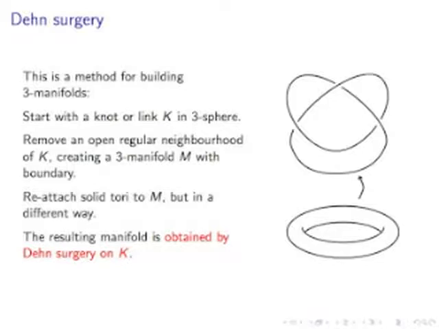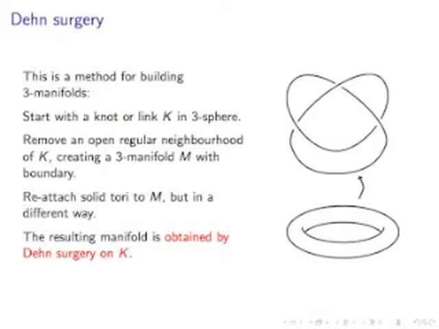Well, each solid torus that you reattach has a little meridian disk, and the boundary of that meridian disk is a simple closed curve on the boundary of that solid torus. But that boundary is getting glued onto the boundary of the neighborhood of K. And the boundary of the meridian disk will then become a simple closed curve on this torus.